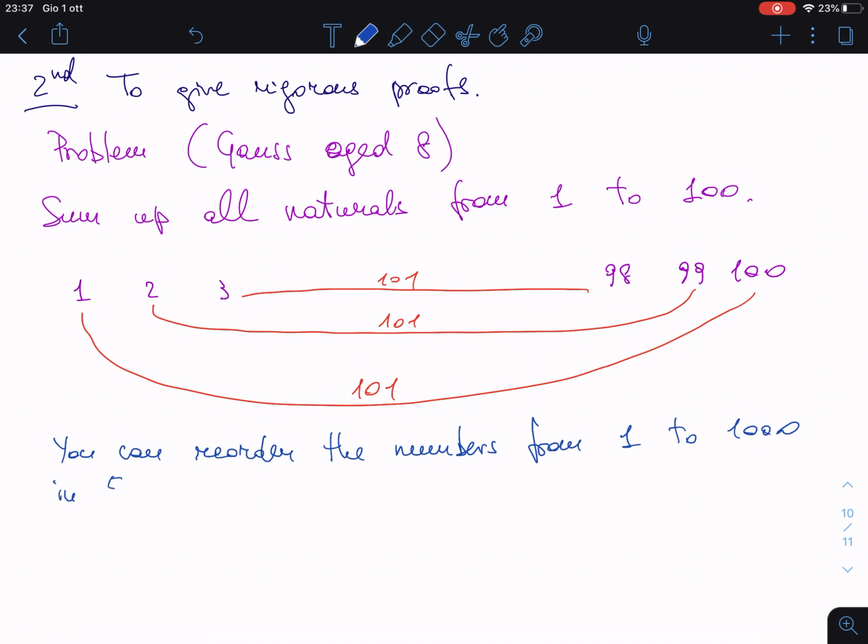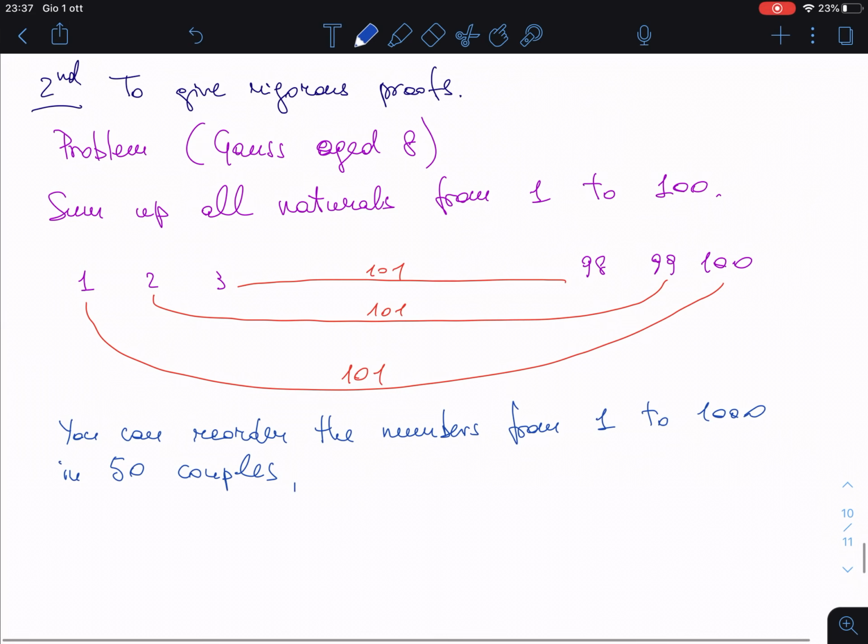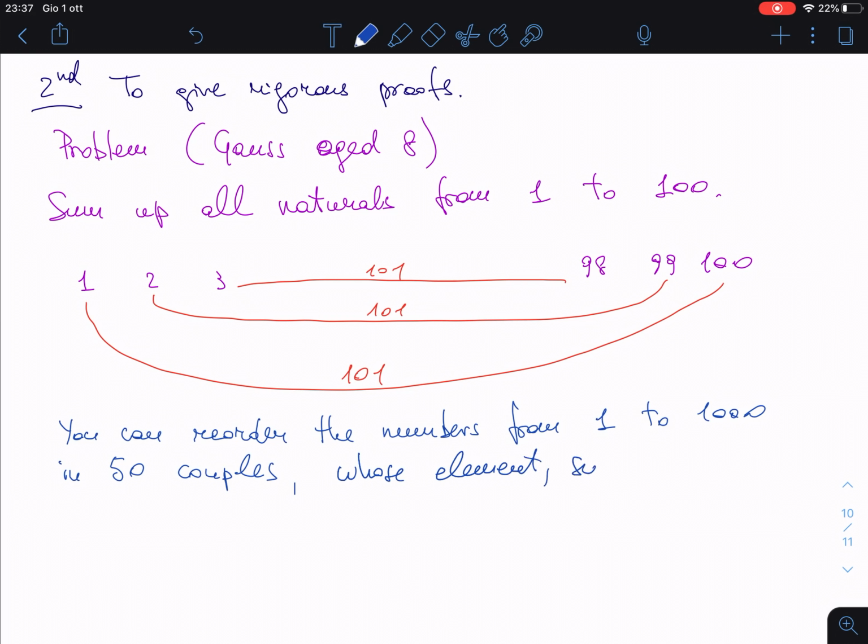In 50 couples, whose elements summed up give 101.